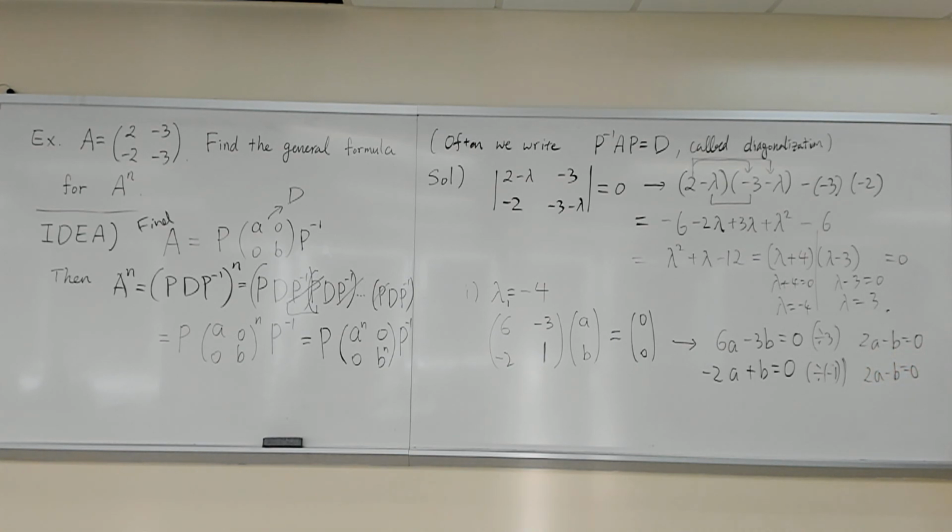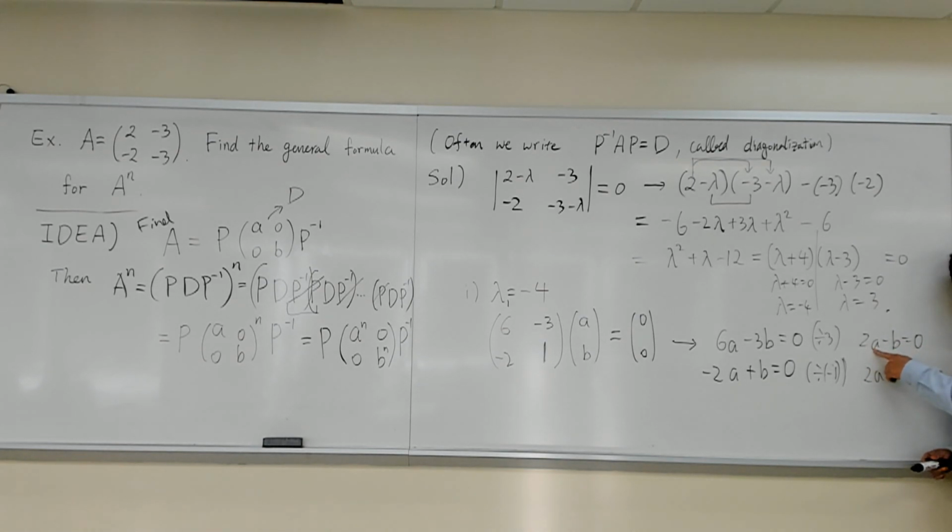Can you give me one? Choosing a as 1, what do you get for b? 2. Okay. Yeah, often what happens is, if you switch these 2 and negative 1 around and negate one of them, that's a simple way to get the answer. So negative 1 comma 2, you negate the negative one, you get 1 comma 2.